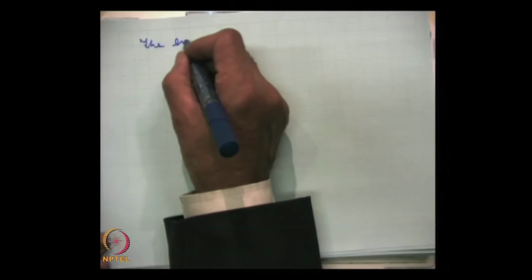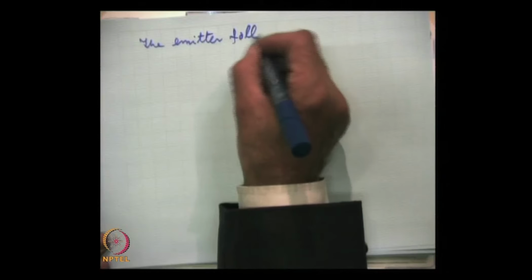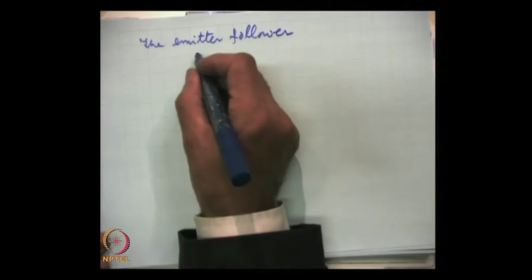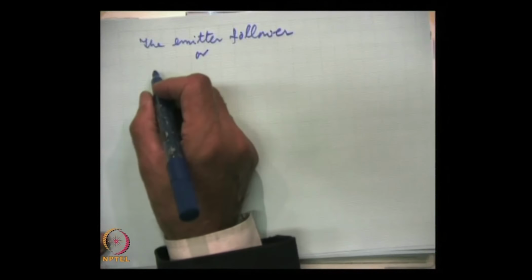Now, we have done the r parameter analysis for the common emitter amplifier. Let us look at the two other amplifiers. First, I take the emitter follower, or common collector amplifier.